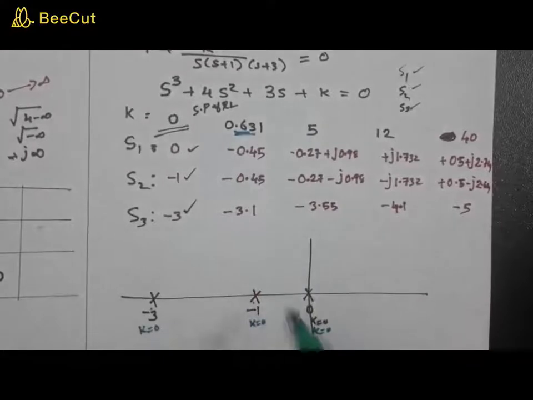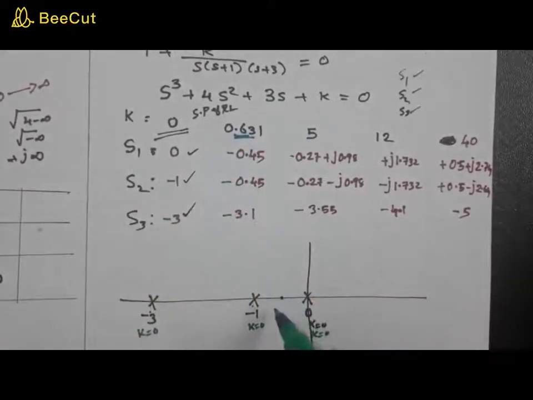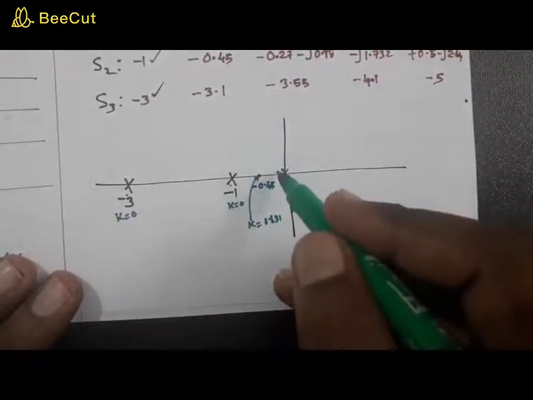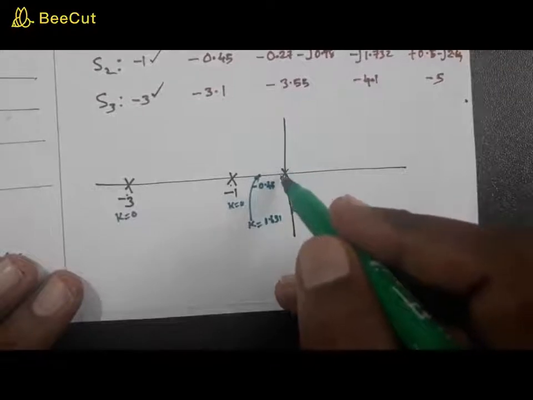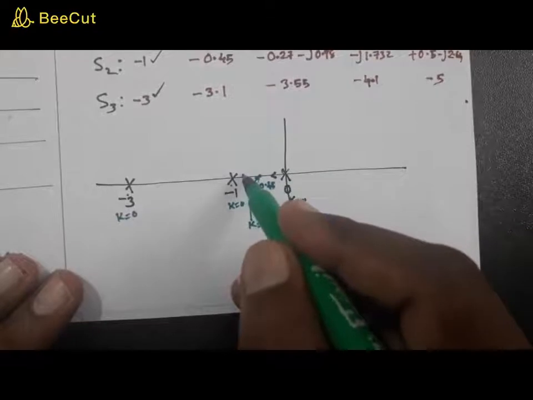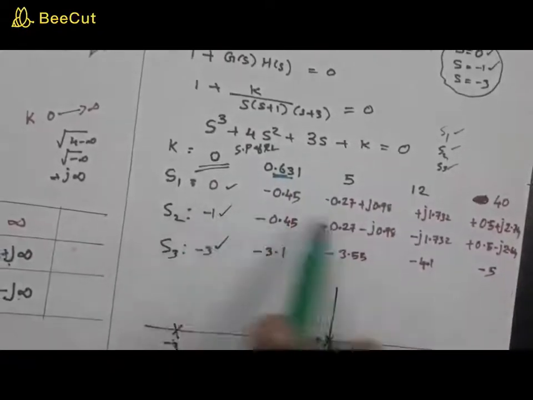When you substitute, you can see that S1 and S2 come to a point minus 0.45 at k is equal to 0.631. At k is equal to 0.631, these two meet. What's the meaning of this? This root moves in this direction while the other moves in this direction, and they meet at a point minus 0.45.